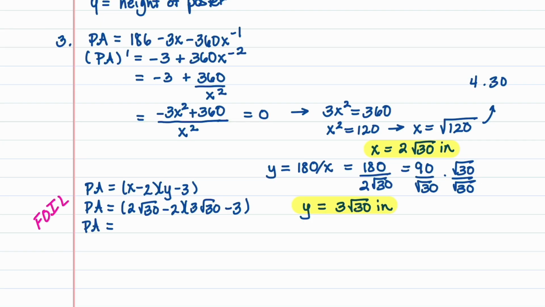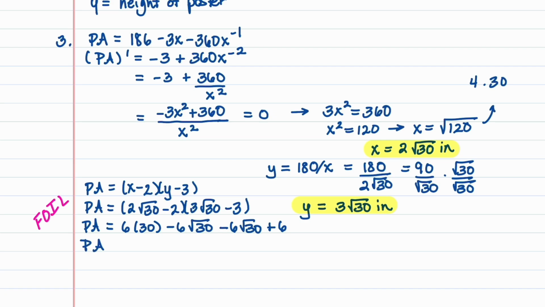Our first terms are 2 root 30 times 3 root 30, so this is 6 times 30. And then our outer terms give us a minus 6 root 30. And then our inner terms is the same thing, minus 6 root 30. And then our last terms give us a plus 6.